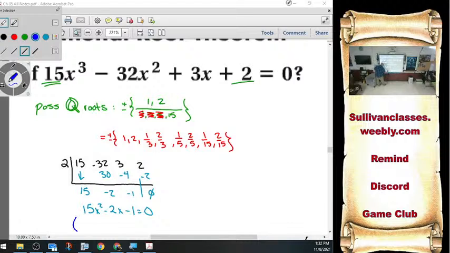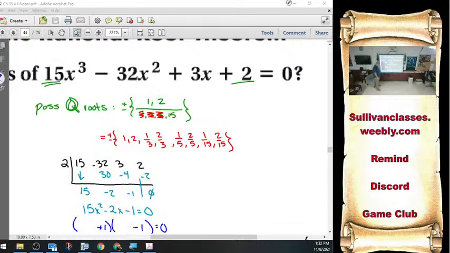The only way I'm going to make that 1 is by having plus 1 and minus 1. So I just got to try a couple factors of 15. What factors of 15, plus or minus, are going to end up with that negative 2 in the middle? Looks like a 5x and a 3x, because negative 5x plus 3x is negative 2x in the middle. Or you do the full AC method on it, whatever your jam is.